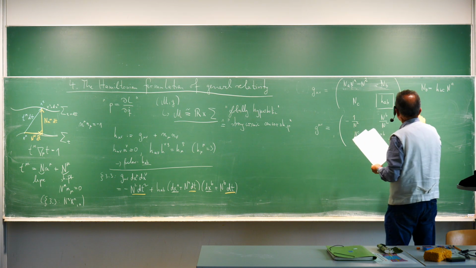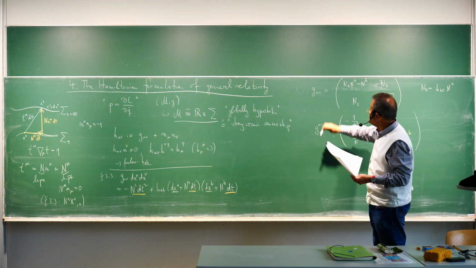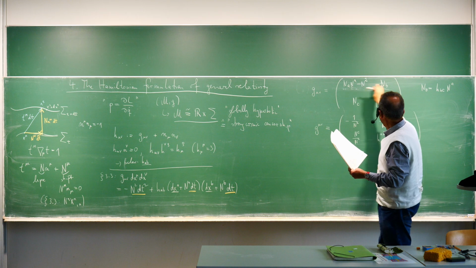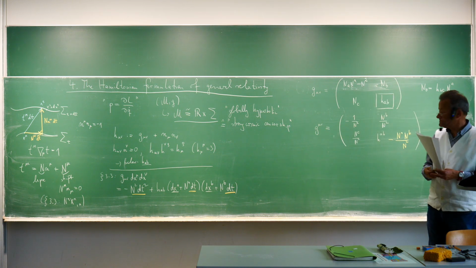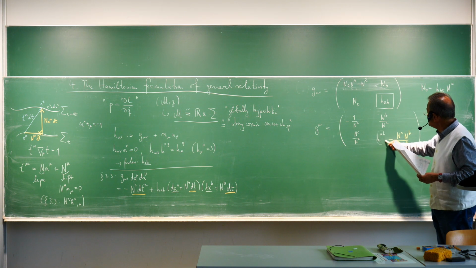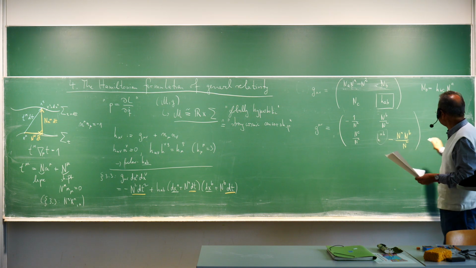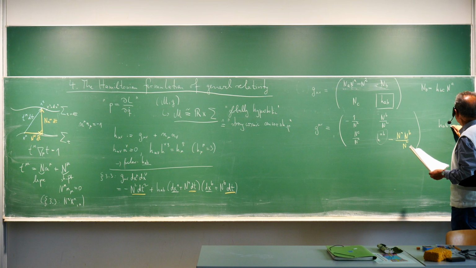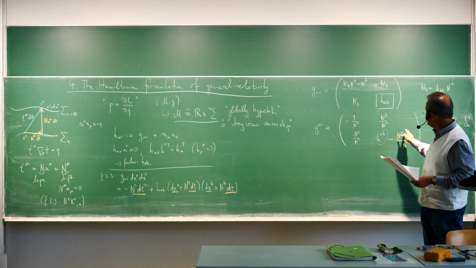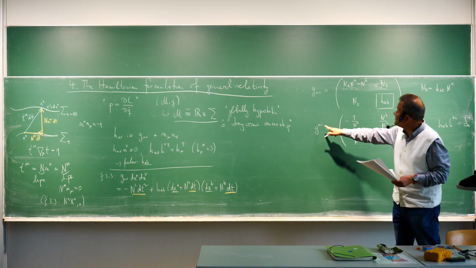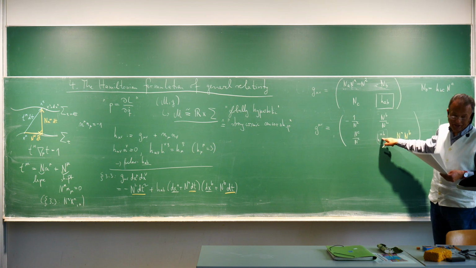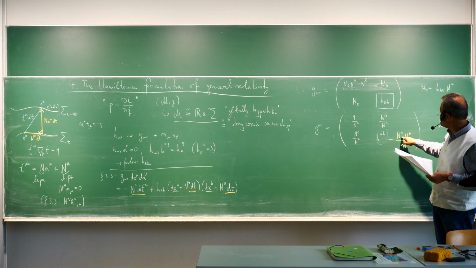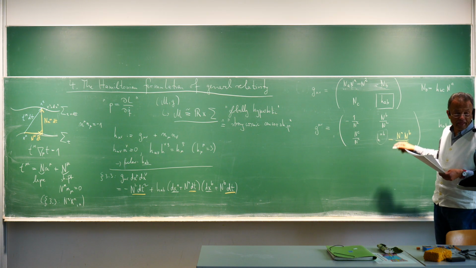So by calculating g^μν times g_νρ, you can convince yourself that this gives just 1, I mean the delta function. You see here this is the inverse of the 3-metric. I mean h^ab h_bc is delta^a_c. But the spatial part here of the inverse space-time metric is not the same as the inverse of the space metric. Only if you choose the shift equal to 0. As you can do, no?